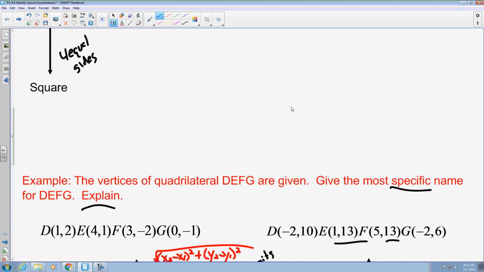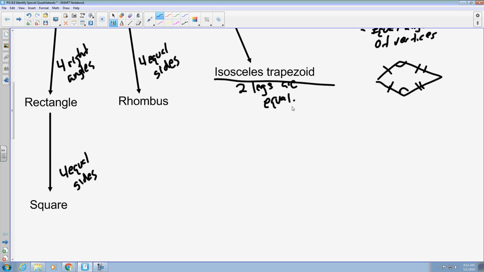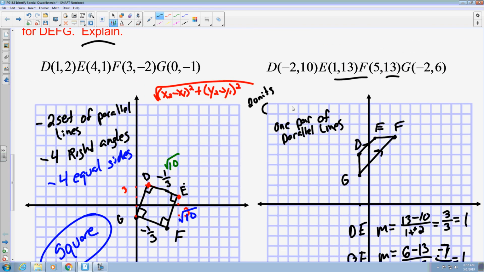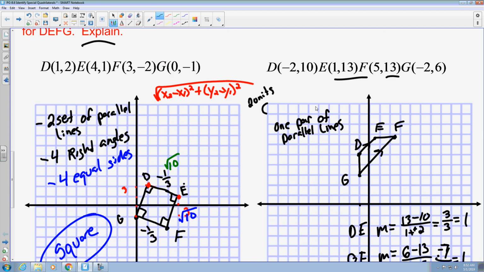But now what we've got to do is see if it's going to be an isosceles trapezoid. So now I want to see if the two legs, which are represented by DG and EF, are congruent. So all I've got to do here is 5 minus 1, which is 4.